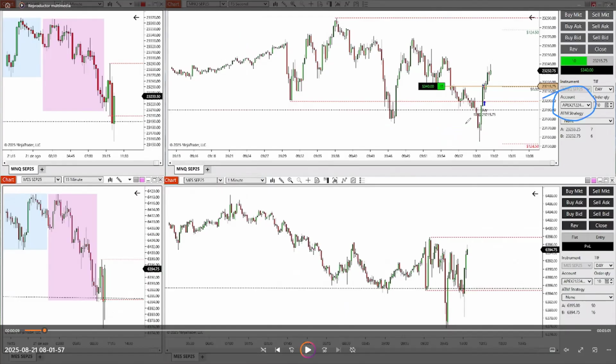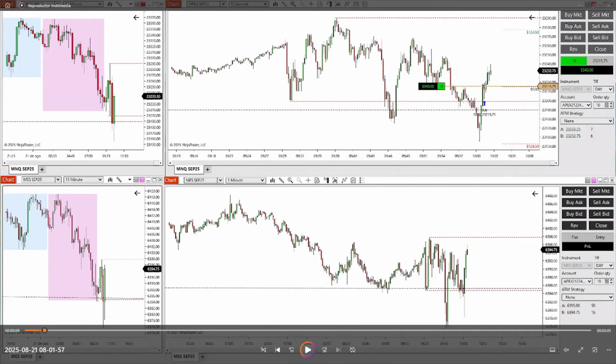I know this is an eval, right? But this is why I sized up to 10 contracts, risking about $1,200 here, because I want to pass it fast. But yeah, I took that on Project X, of course, and on Trade of Eight.